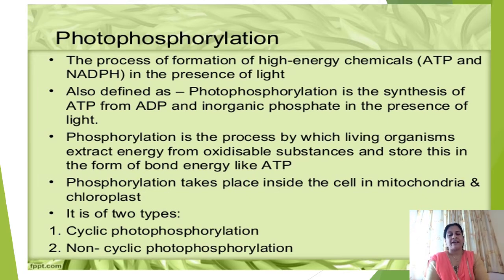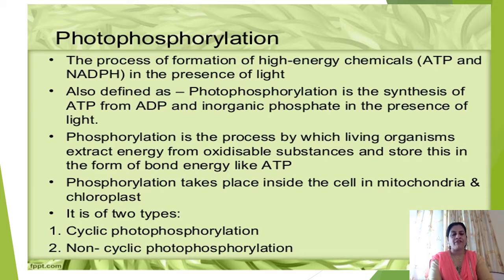As I said, light reaction is the process where chlorophyll pigments absorb light. So when they absorb light, they undergo a process of electron emission, and those electrons are passed on from one acceptor to another acceptor. So it follows an electron transport chain. During this process, there is formation of ATP.